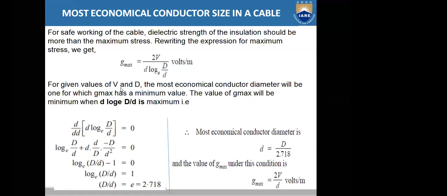So for given values of voltage and capital D, the most economical conductor diameter will be the one which has the minimum value of this G max. Are you getting the point here?